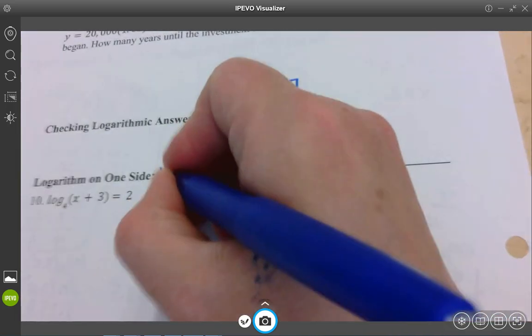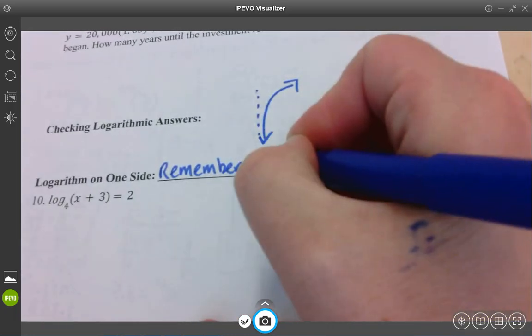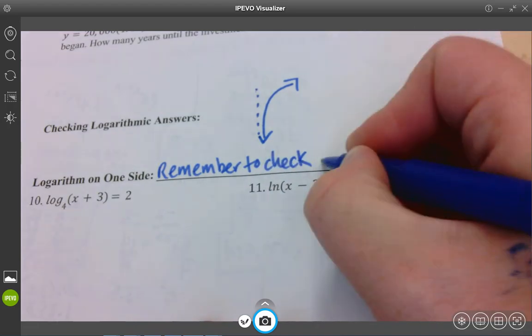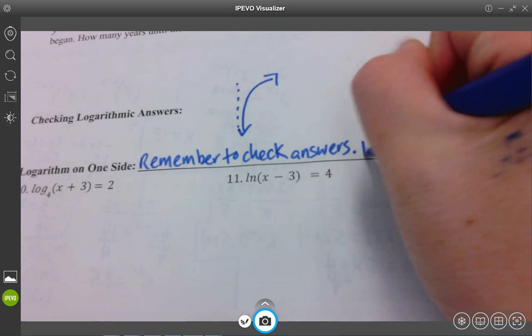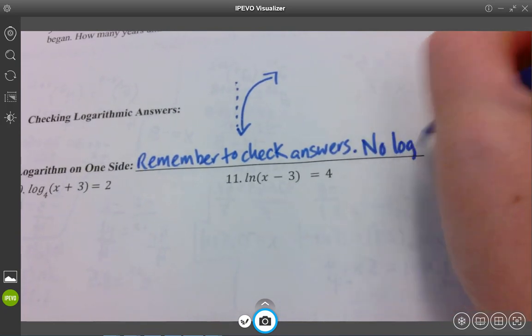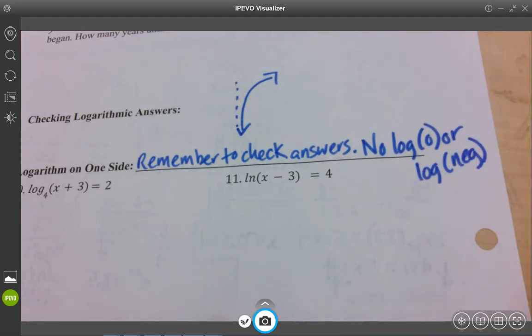So just write, remember to check answers. You can't do a logarithm of 0 or a logarithm of a negative number. Okay? And that's going to mostly happen with the problems that have logarithms on both sides, but we'll check these for good practice anyway. So to solve this logarithm, we're going to rewrite it as an exponential equation.